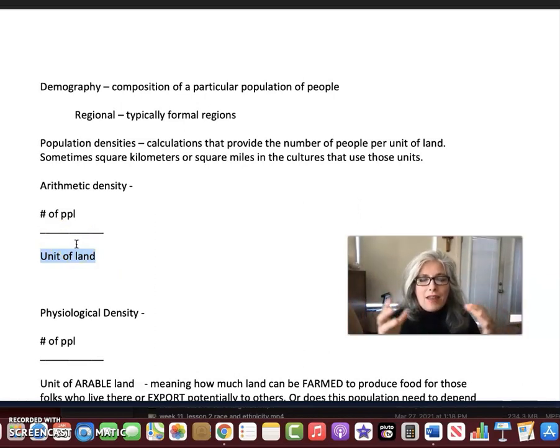If it's a high number, then people are pretty crammed in, and probably most of the land use has to do with living and maybe working, but you probably aren't able to actually use the land, so a place with a high population density probably has to go elsewhere to produce food. They probably have to bring in a lot of imports from someplace else. So basic arithmetic density just gives us the idea about how squished everybody is, how much elbow room there might or might not be in a particular region, place, or location.